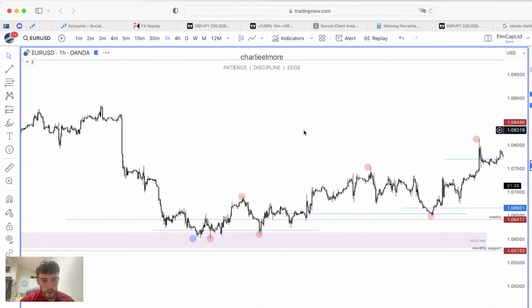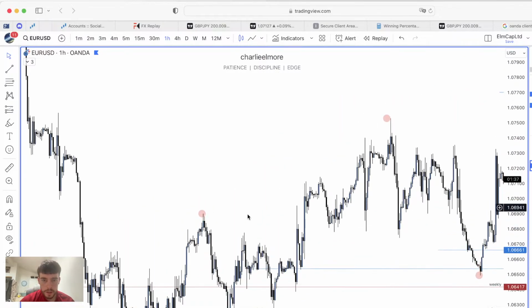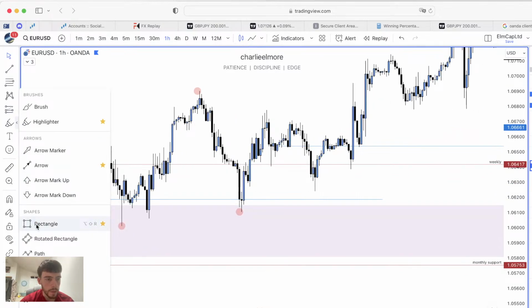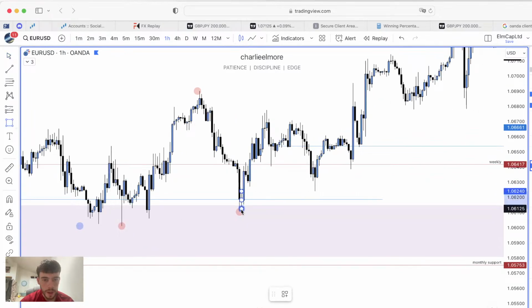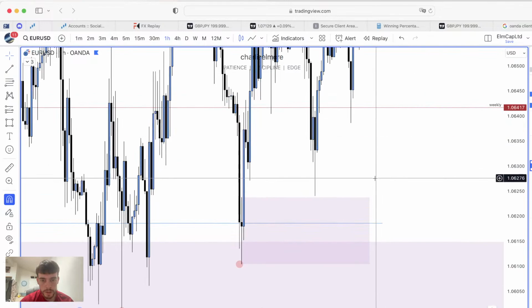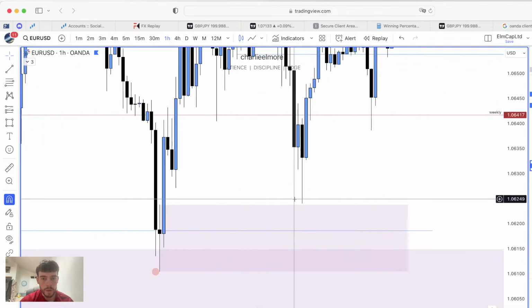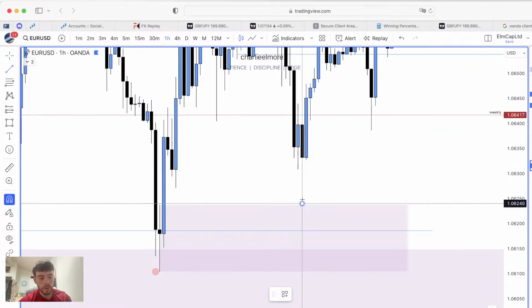So on the 4-hour, I know there isn't anything because there's no imbalance. We do have that. Just want to see if price reacted from that. So that's interesting. Price has obviously come above that. It looks like price has mitigated it, but it hasn't. So that's actually a bullish order block on the 1 hour, with liquidity resting above right there.